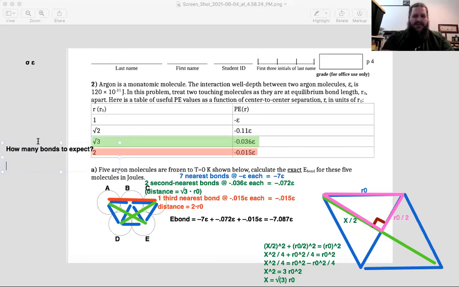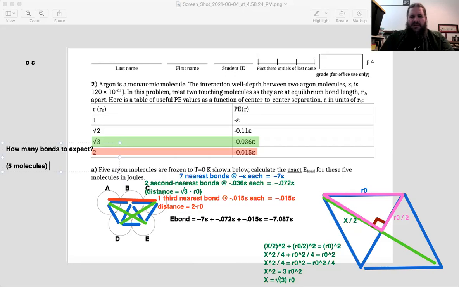In total, counting everything, we've got how many molecules? Can you count them? We've got a diagram, right? We got 1, 2, 3, 4, 5 molecules.